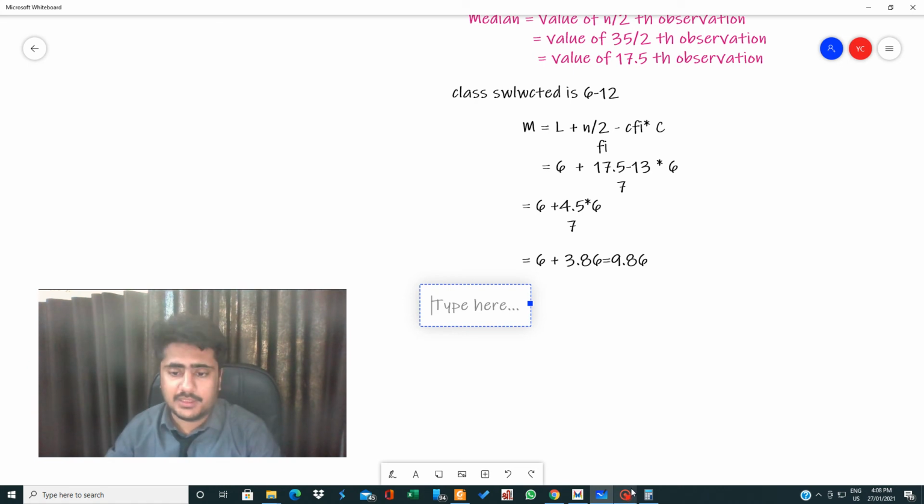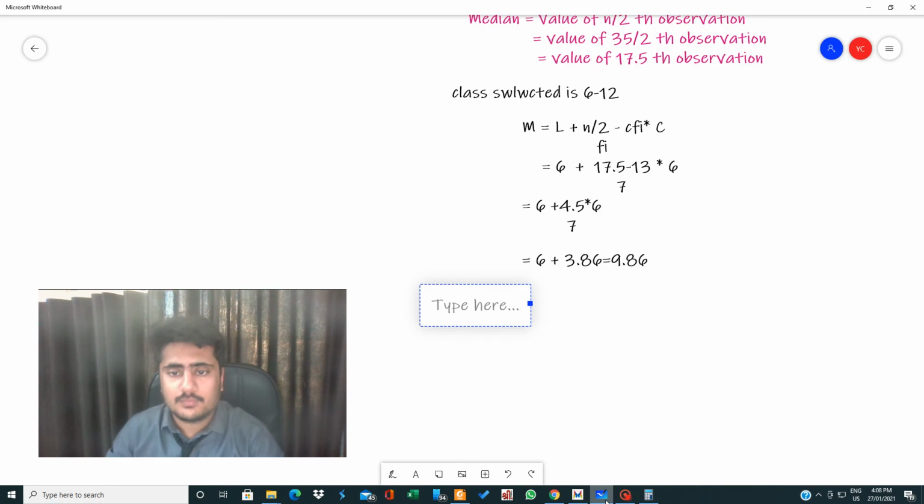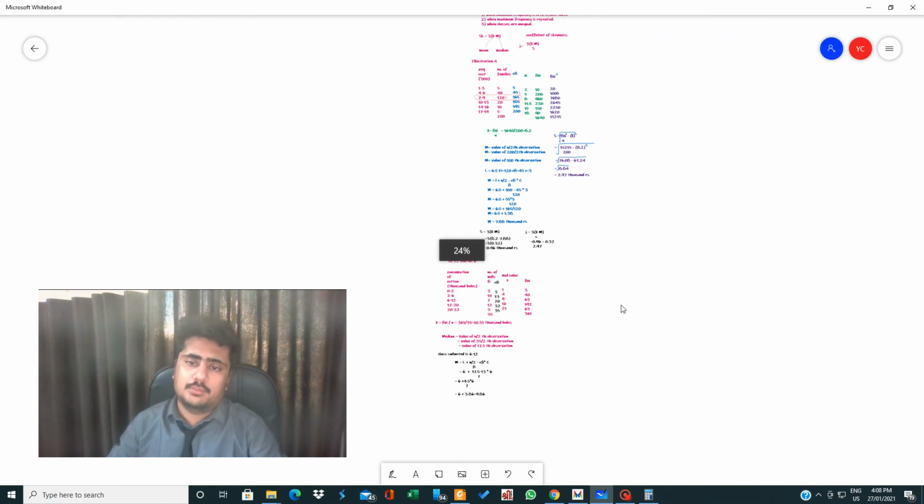So this is my median, again 9.86 thousand bales.